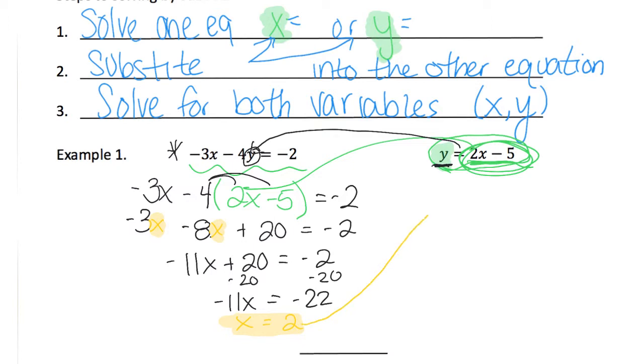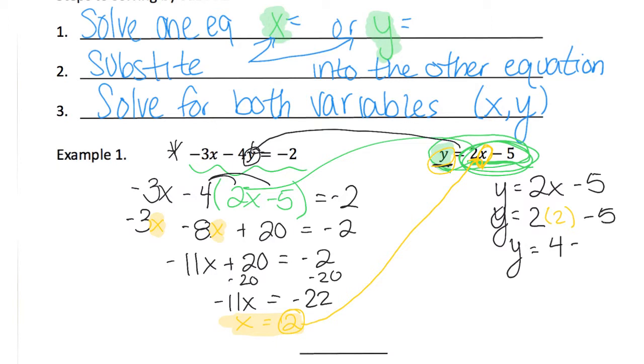So now that I have x is equal to 2, I'm going to take that and plug that back in where I saw x to find what y is. So I had y equals 2x minus 5. Now I know that x is equal to 2. So I'm going to write y equals 2 times 2, because x is equal to 2, minus 5.